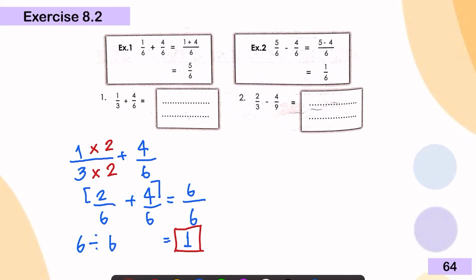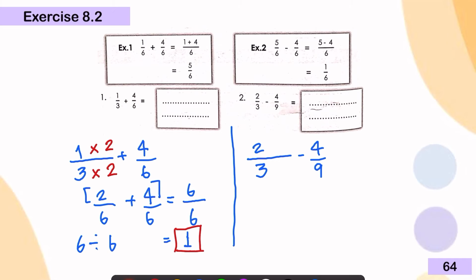So let's see number 2. We have 2 over 3 minus 4 over 9. Let's do it together. Number 2. Okay, check the denominator first and you can see they are not equal. So we need to make them equal by multiplying. We have 3 and 9. I need to change 3 to 9 by multiplying.